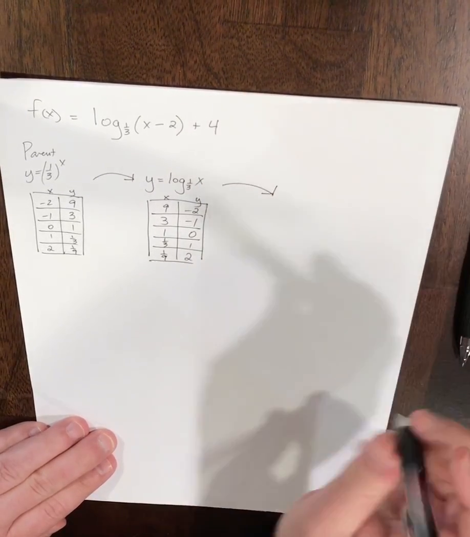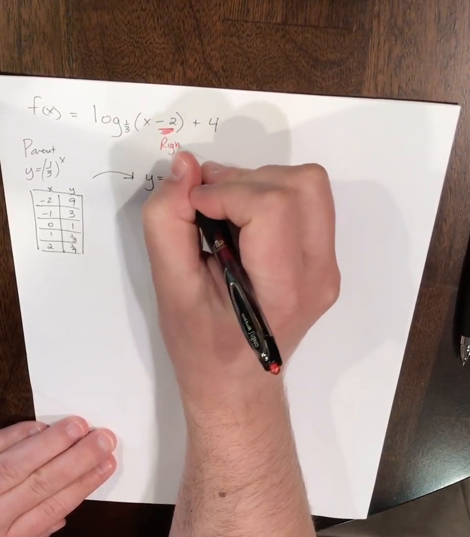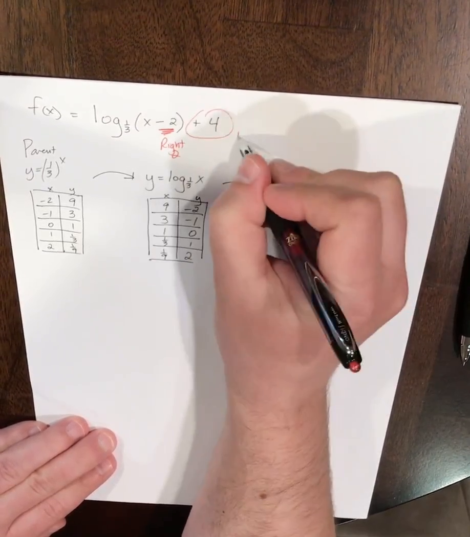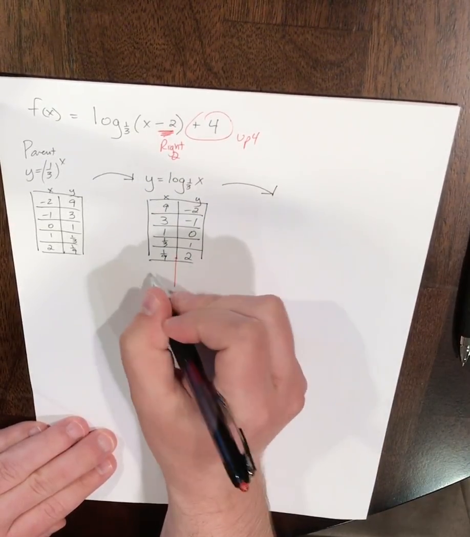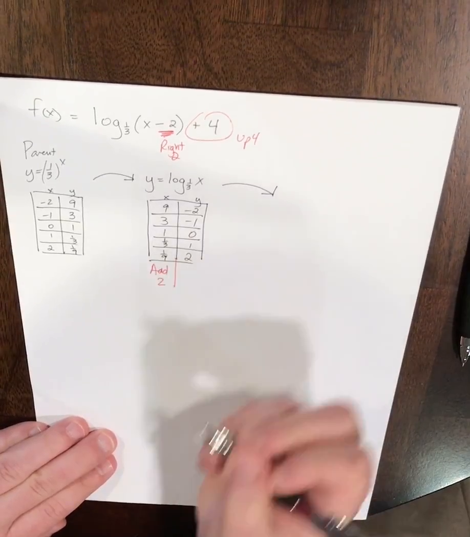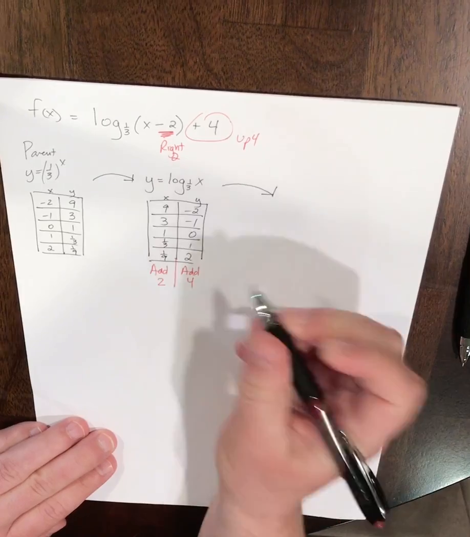Last step, graph translation theorem. This minus 2 in here is a right 2 movement. The plus 4 is an up 4 movement. So the right 2 means I'm adding 2 to the x values. The up 4 means I'm adding 4 to the y values.